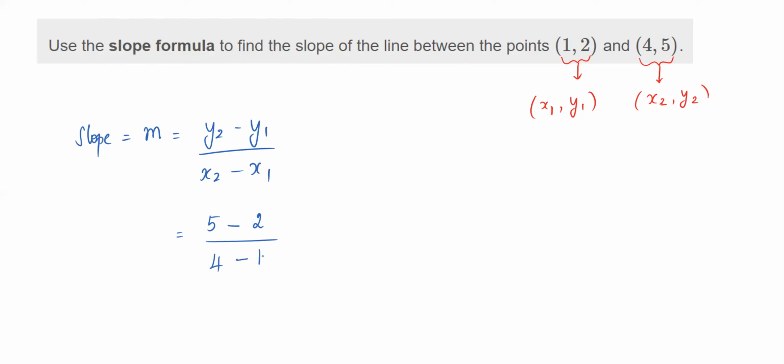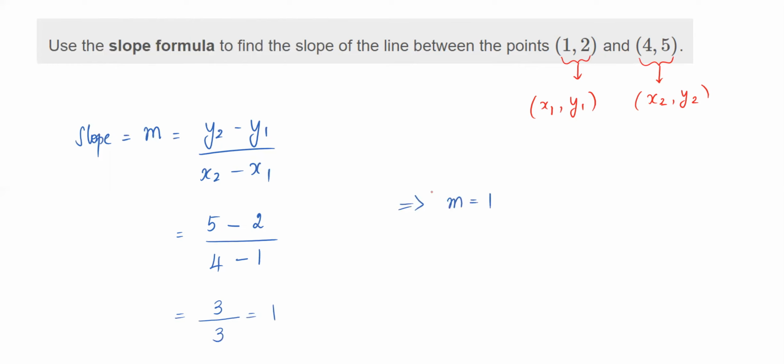You cannot switch the x's and the y's. The y's have to go on the top, the x's have to go on the bottom. You could switch them and still get some answer, but that won't be correct, right? Because it's a number, you might think, oh, I got a number, so I'm fine. No, you need to get the correct number. Okay, so we have that. So 5 minus 2 is 3, over 4 minus 1 is 3, which is 1. So the slope is 1. This implies m is 1.